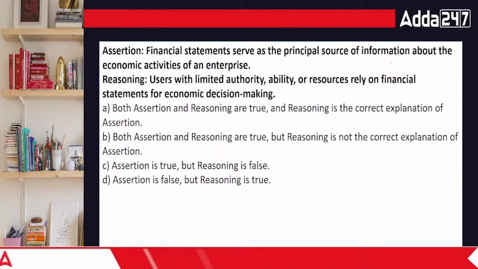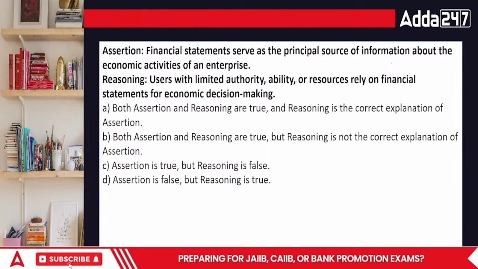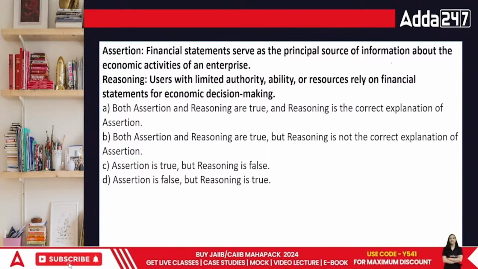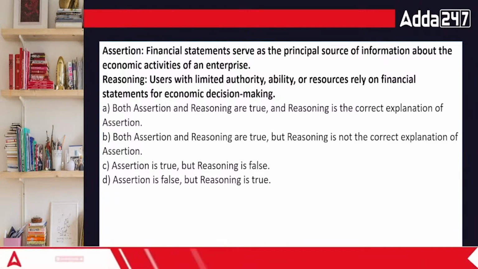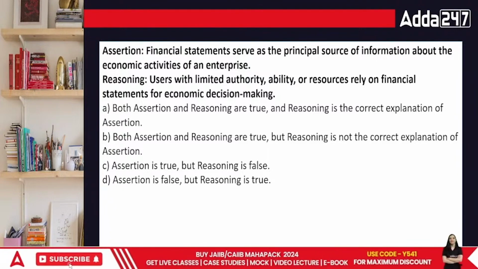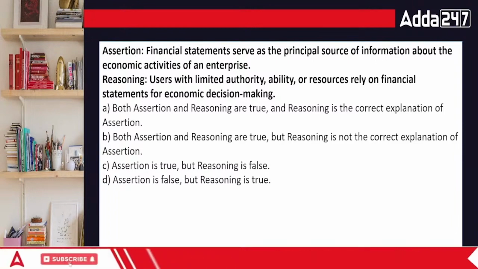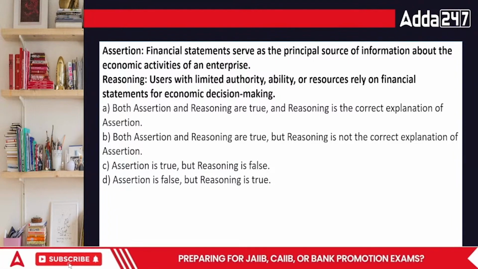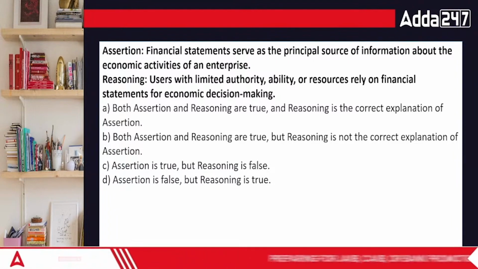Here comes the next question, everyone. This question talks about the area of financial statements. Financial statements serve as the principal source of information about the economic activities of the enterprise.